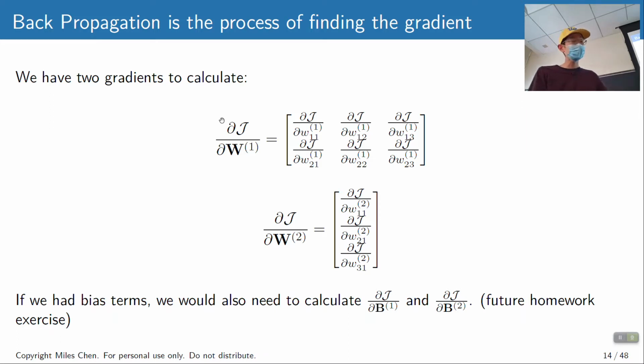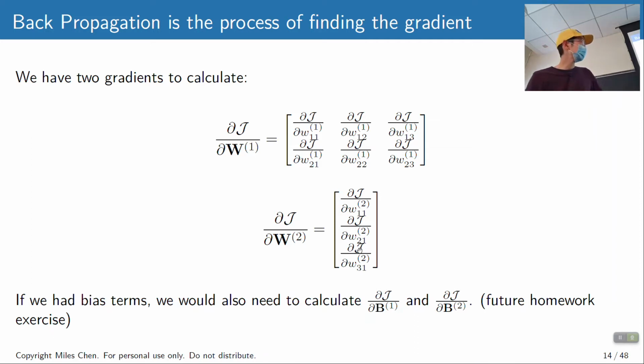Okay, we're going to have to find the gradient of our loss function, which we now call J, with respect to the first weight matrix, and then the gradient with respect to the second weight matrix. The first weight matrix has dimensions 2 by 3, and the resulting gradient will also have dimensions 2 by 3. It will be the partial derivative of J with respect to each of the 6 terms in the W matrix.